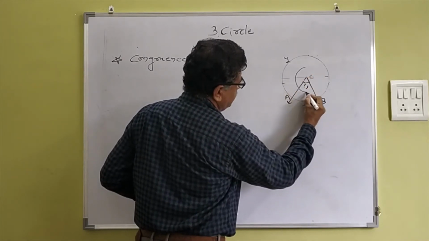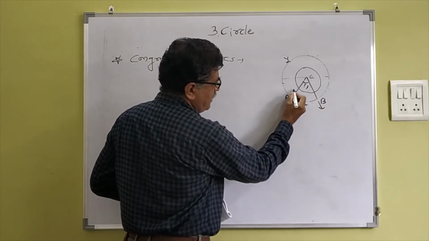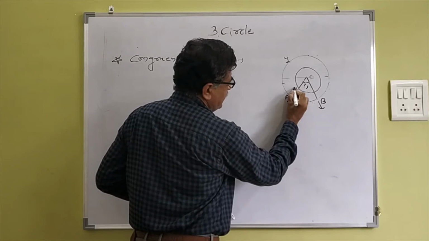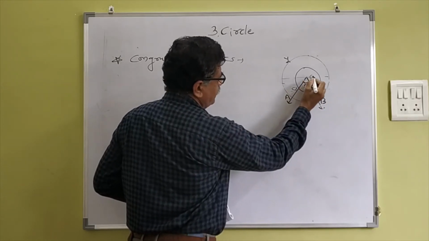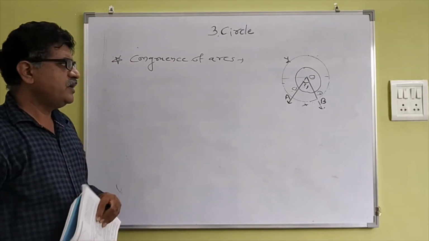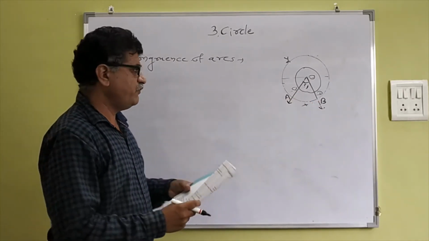Now let us see, there are two circles. This is arc AB, this is arc CD. This point suppose O. Now what is the measure of this arc?